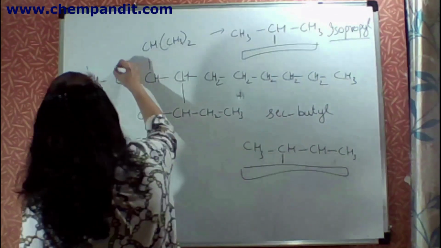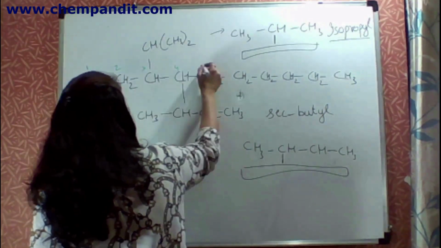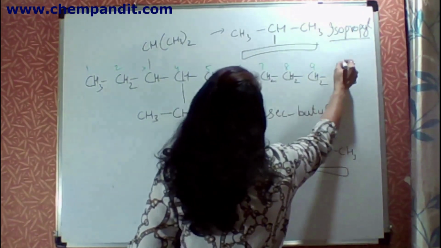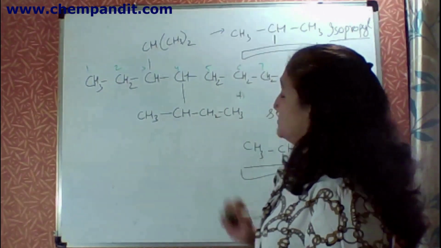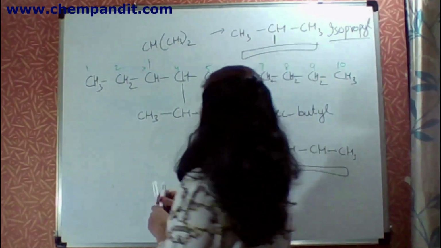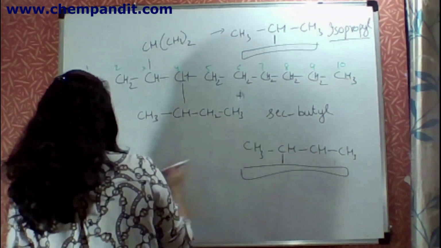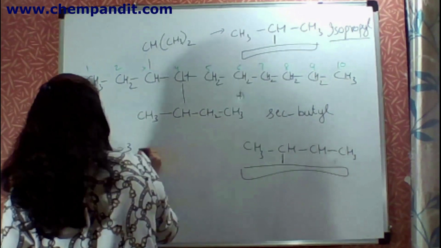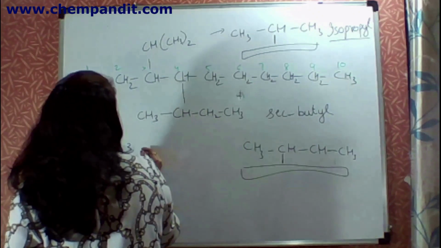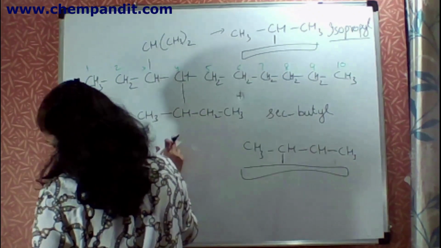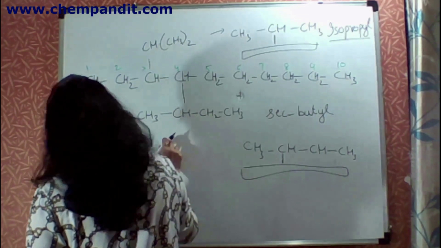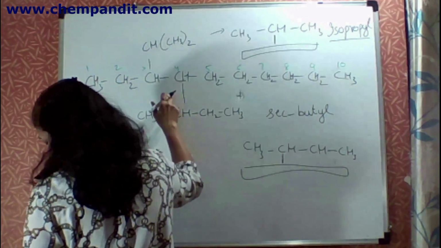So we will number it 1, 2, 3, 4, 5, 6, 7, 8, 9, 10. So let's write the name. We will write the name like 3, 3, 2, 3, 4.